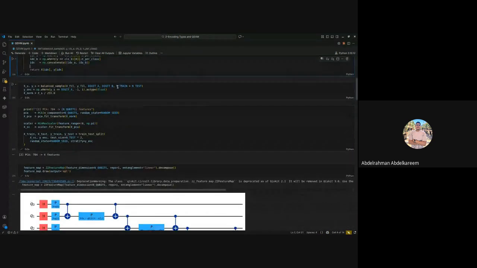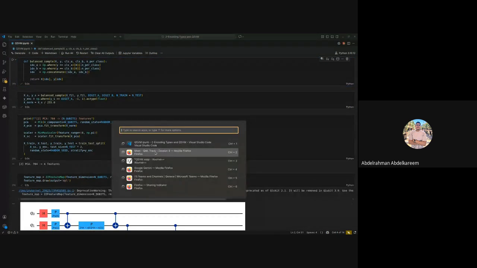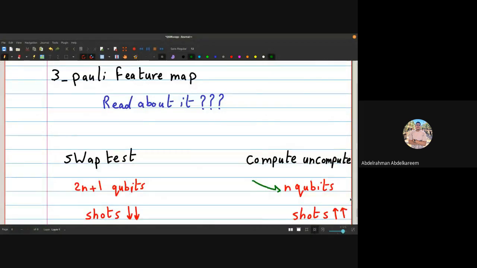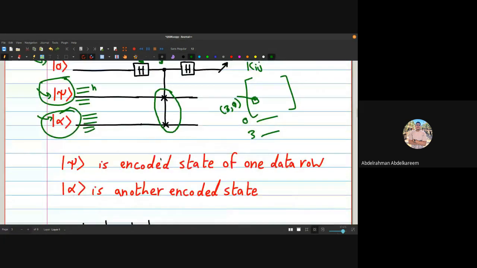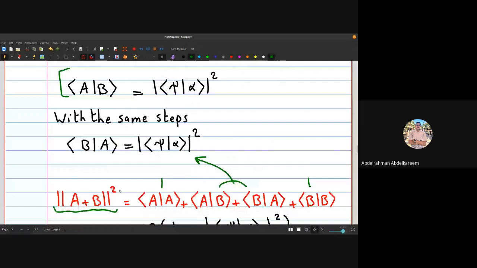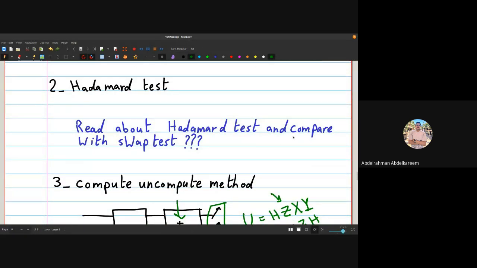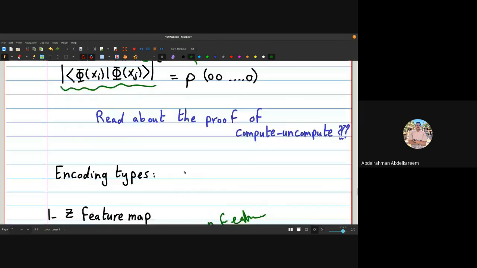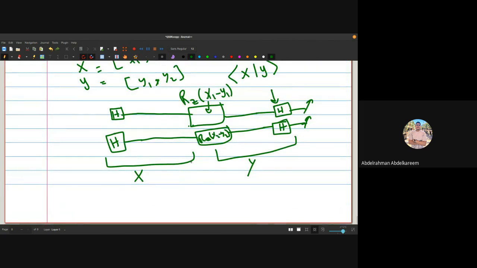Okay, great. So this is the task list we have said. I just need to remember them. The first one is to read about the Hadamard test and compare it with the swap test. Read about the proof of compute-uncompute. Read about the Pauli feature map.